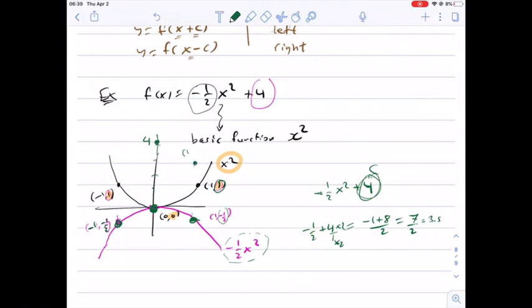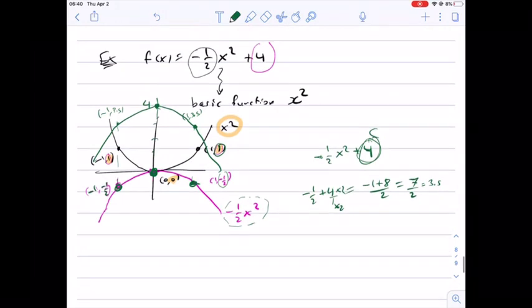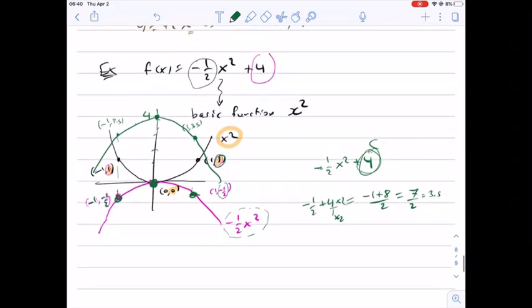So this point becomes here. So 1 and 3.5, or we can write it as 7/2. And here negative 1/2 will give me same thing here. So negative 1, 3.5. So the graph looks like this. This is the resulting graph. So this is the graph of f of x equals negative 1/2 x squared plus 4.